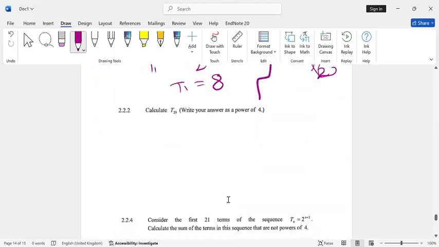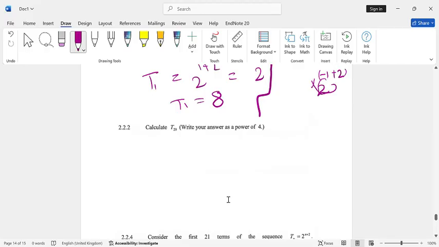So the next question is: calculate T20, all right? Write your answer as a power of 4, okay? So you have to write your answer as a power of 4. How can you do that? We have T20 equals 2 power n plus 2.